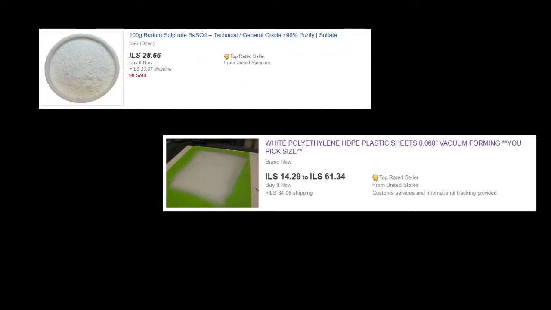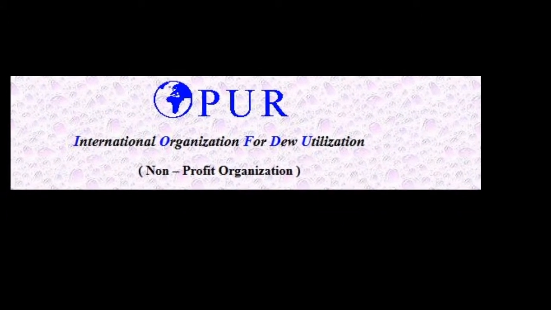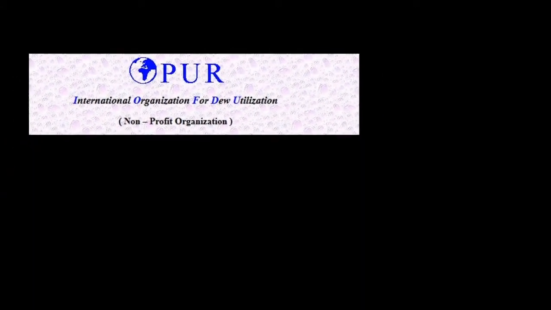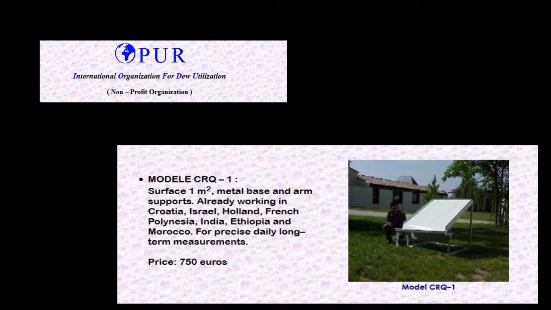What makes our system special is that with the cheap materials we managed to get an impressive temperature difference and collect dew. We estimate the cost of our system at $20, and in mass production it can be even cheaper. A similar system from OPUR, the non-profit international organization for dew utilization, costs €750.